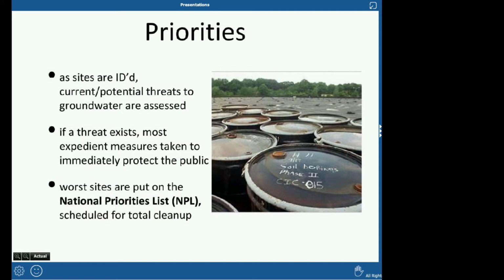When they identify the sites, current and potential threats to groundwater are assessed. If the threat exists, they take the most expedient measures, like they do something very quickly to protect the public, and then they can go back and fix it later. But they do whatever they can to protect the public ASAP. And then the worst sites are put on the National Priority List, and they are scheduled for complete and total cleanup.